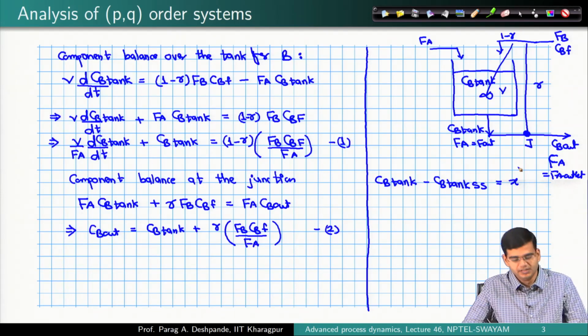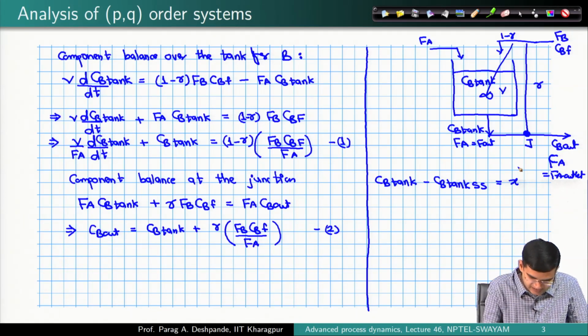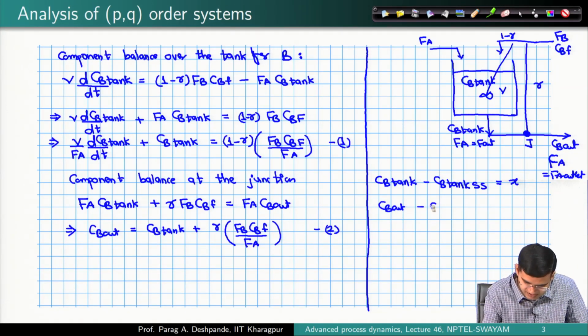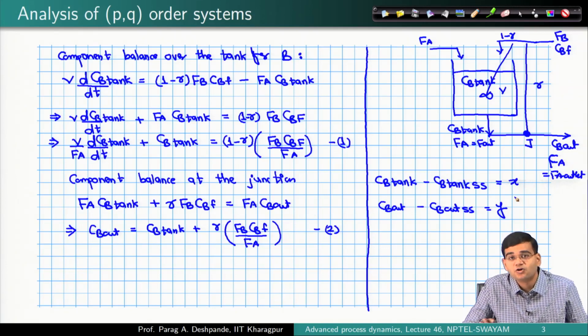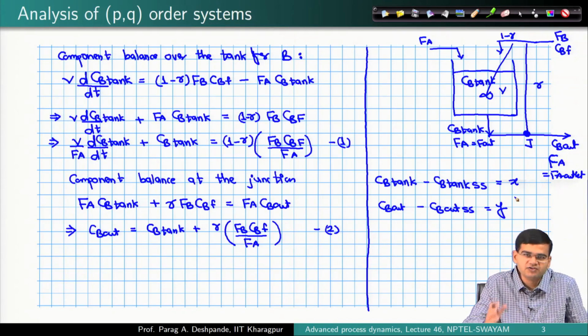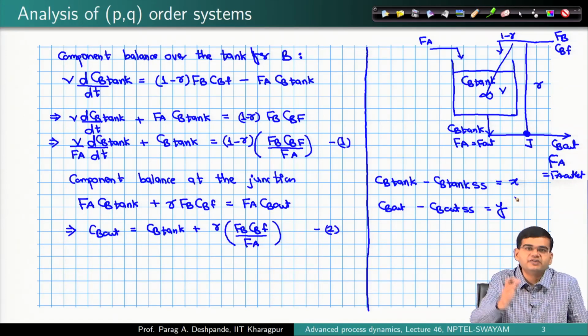Okay. Then I say that C_B,out minus C_B,out at steady state is a variable called y. y is the output variable. If you remember long back, we actually did this analysis in state space domain, and we said that we can have a dynamical variable and we can also have the specification of output variable.